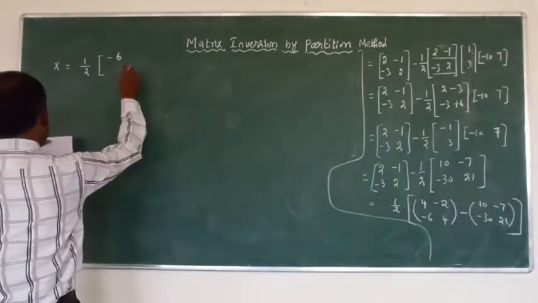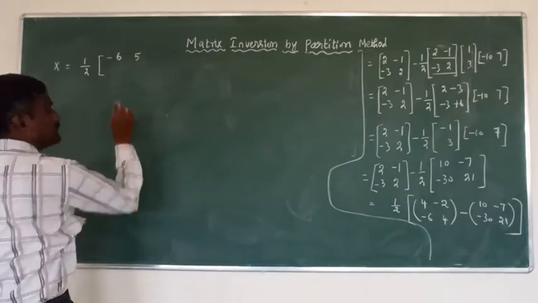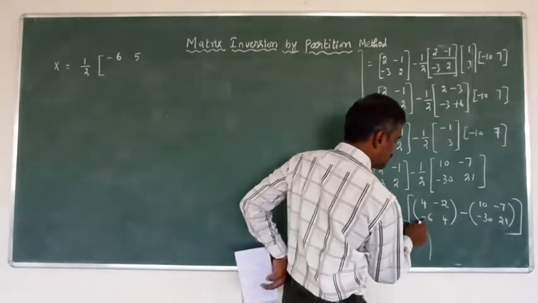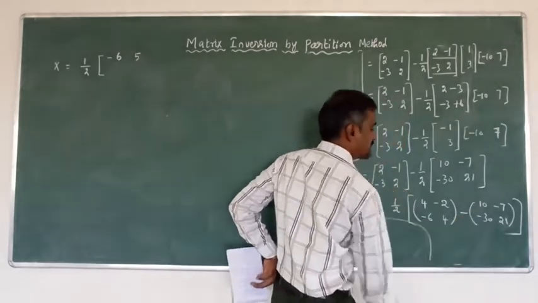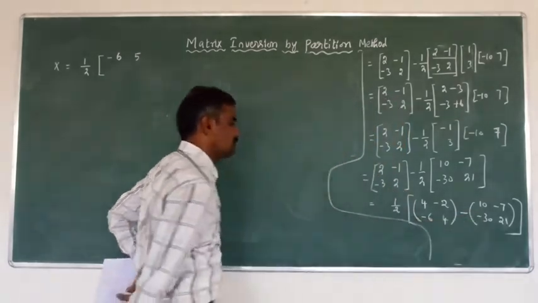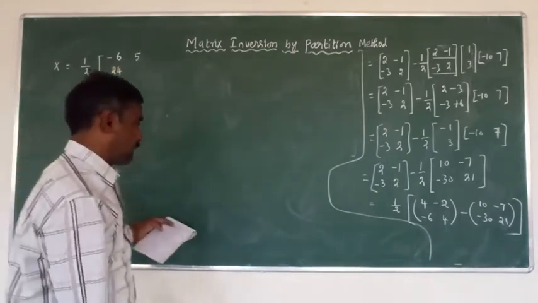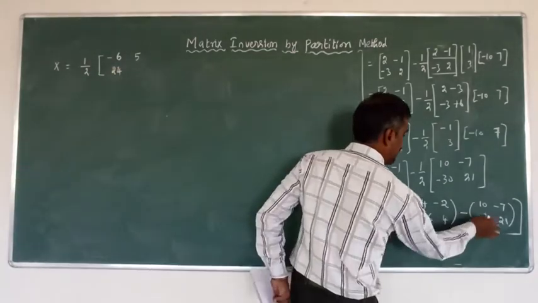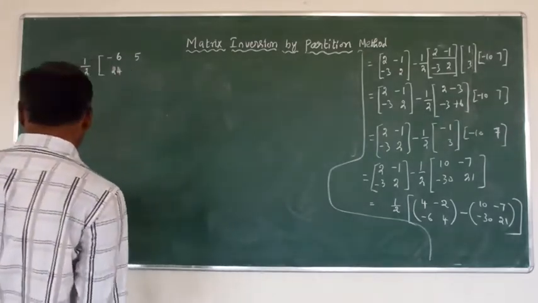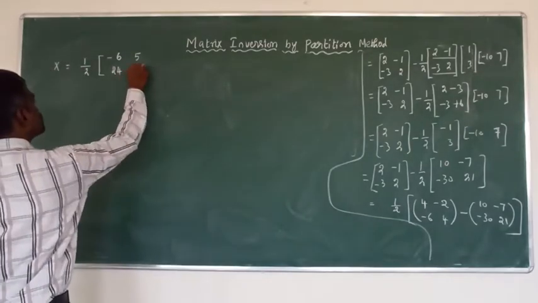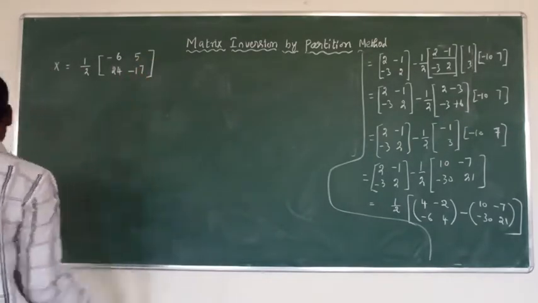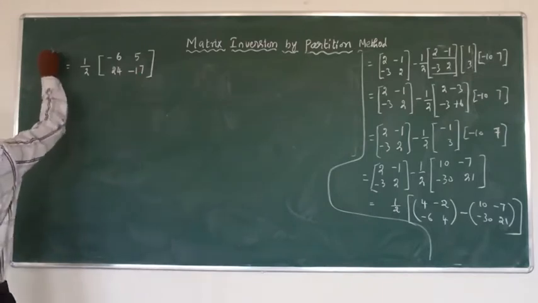Now result 5, and this is for 6 minus 6, this is for plus 30. Now to subtract these two, result 24 plus, and then 4 minus 21 minus 17. This is the result of x.